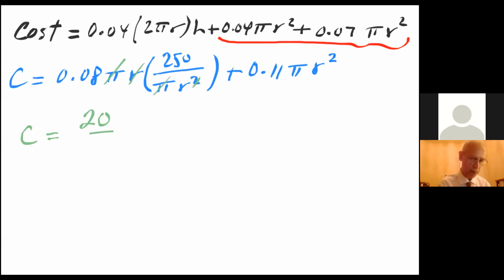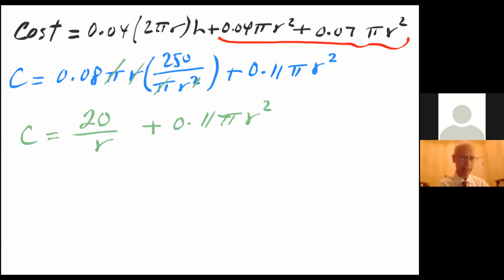So I have 20 over r plus 0.11 pi r squared. And notice now I have a rational function, once again with understanding that the radius is positive and the height is positive. So I'm going to be looking at pretty much my graph, but in quadrant 1.